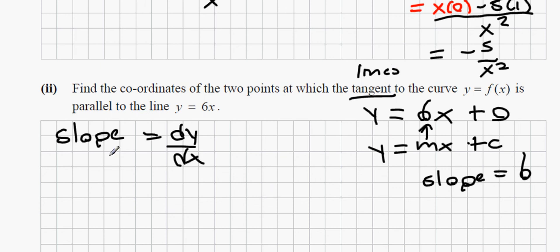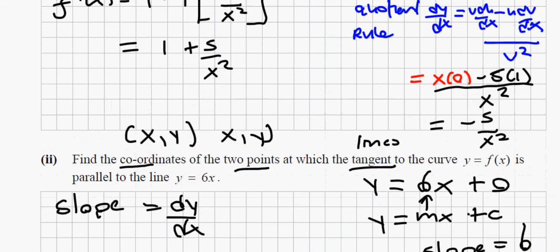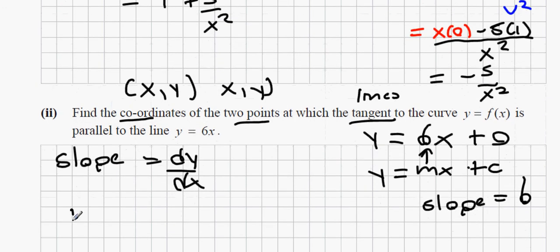Now we have to find the coordinates of 2 points, which means we have to find 2 x values and then 2 y values as well. Okay, so to find the x values, we use what we just did a second ago, 1 plus 5 over x squared. 1 plus 5 over x squared equals 6.